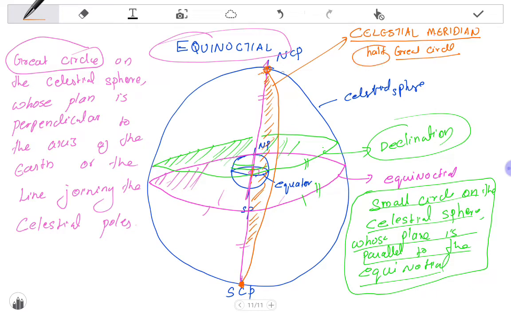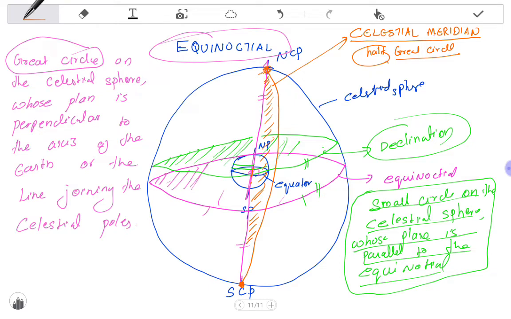Why is it half? Because the line joining the north pole and the south pole starts from the north pole and ends at the south pole, so it is not completing one circle, like the equinoctial. That is why it is a half great circle.